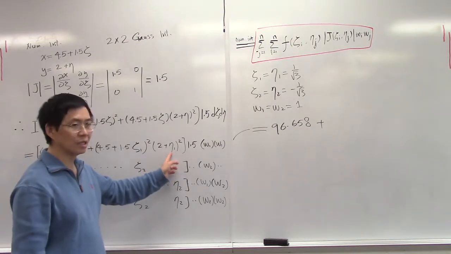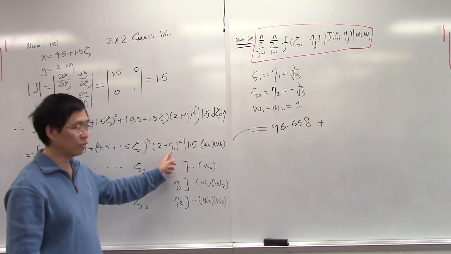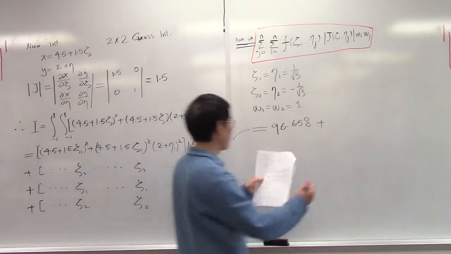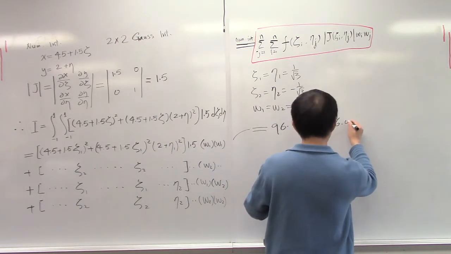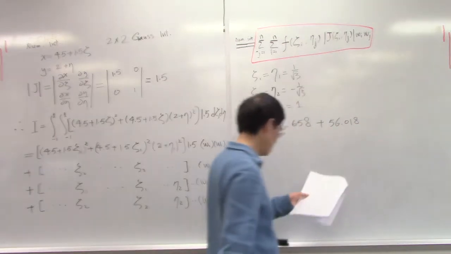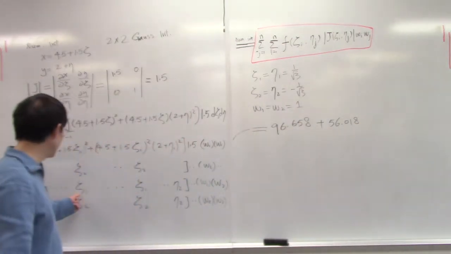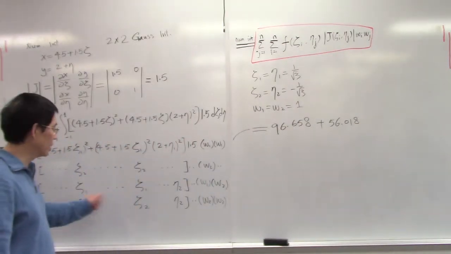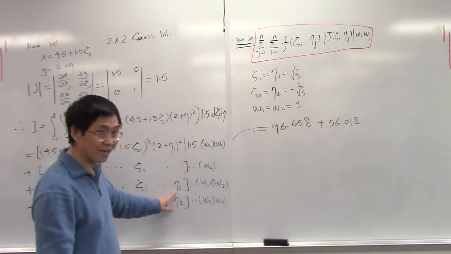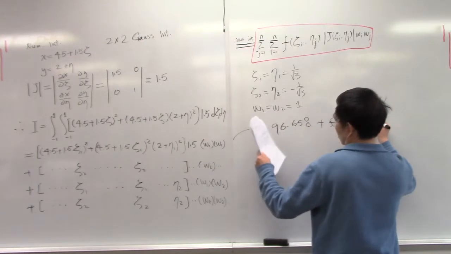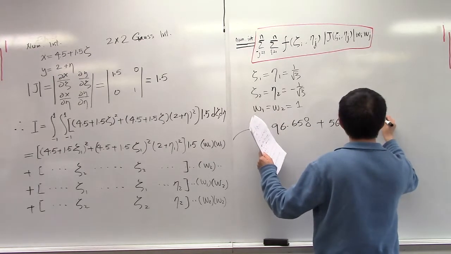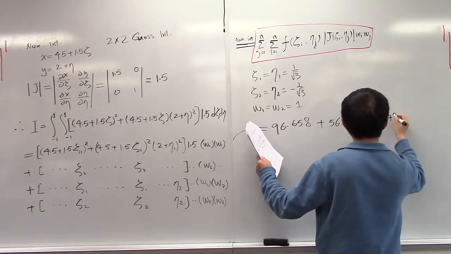And this one is positive 1 over root 3. Okay, put this in. You have 56.018. And the third term, this is positive 1 over root 3, same. This is negative 1 over root 3. Turns out to be 59.482.